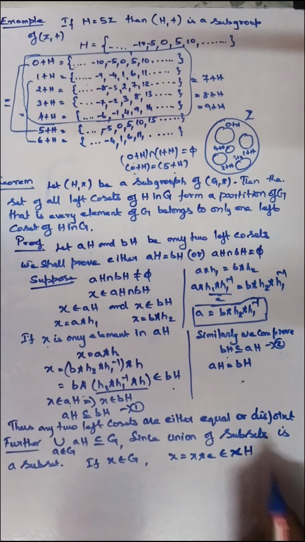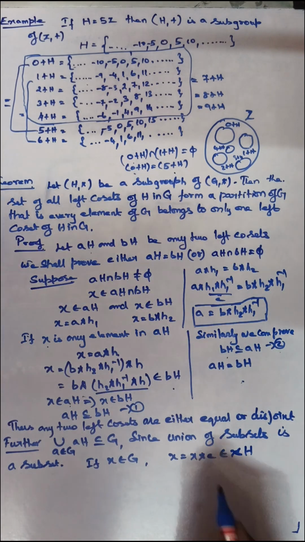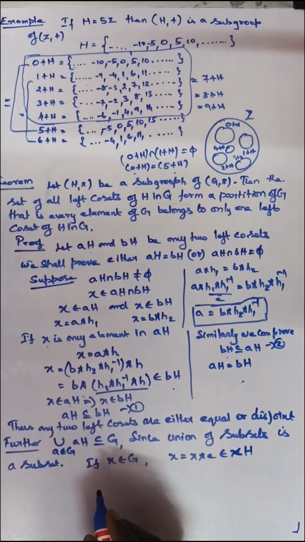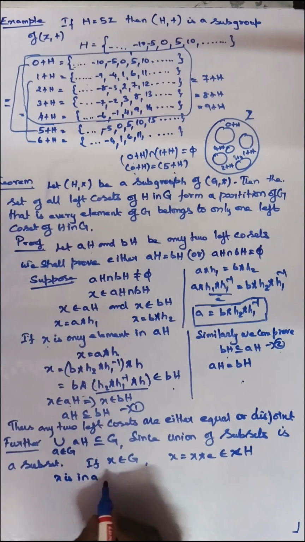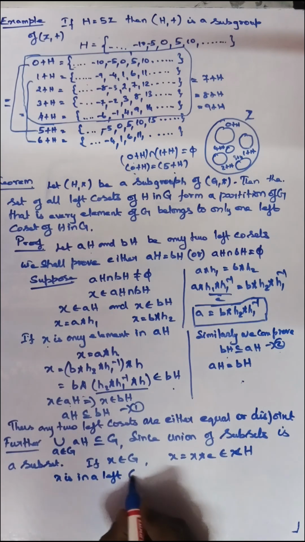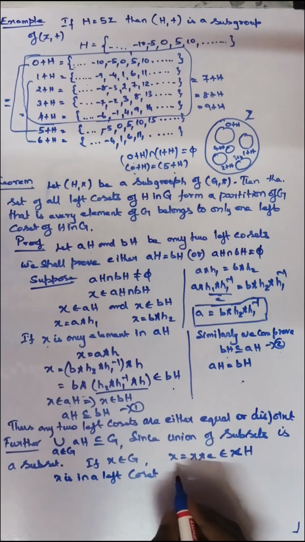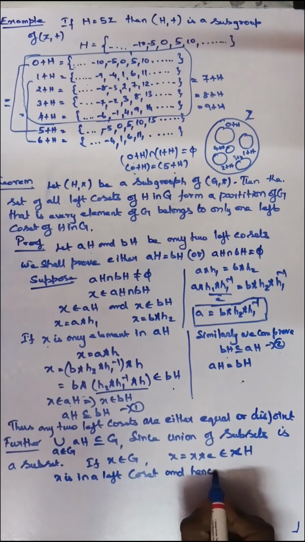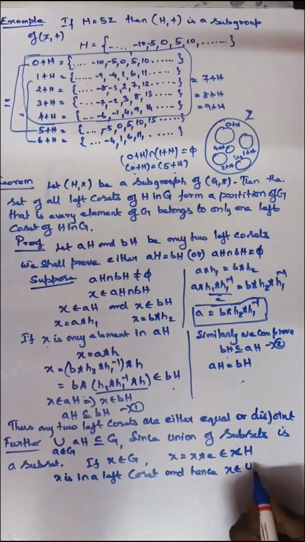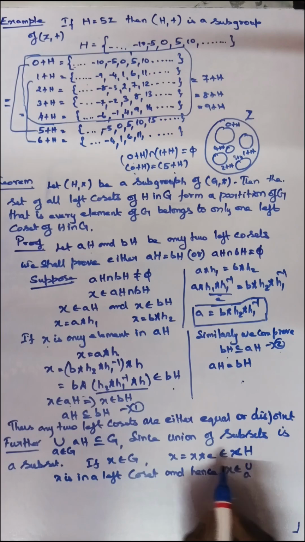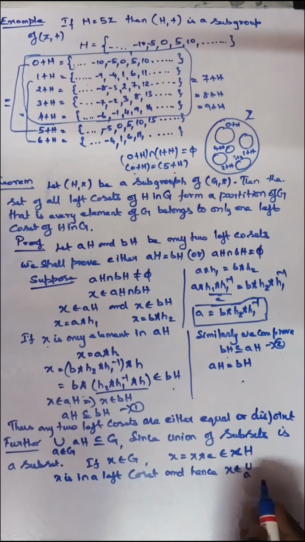So x is in a left coset, and hence x will belong to the union. x is going to be in one left coset, so definitely it will belong to the union of all the left cosets AH.